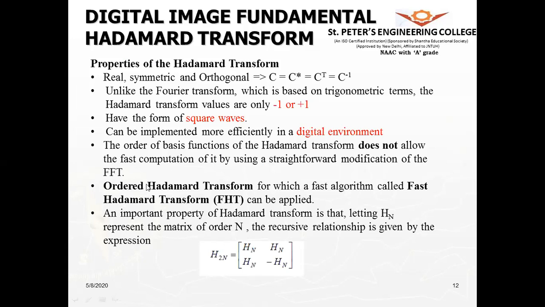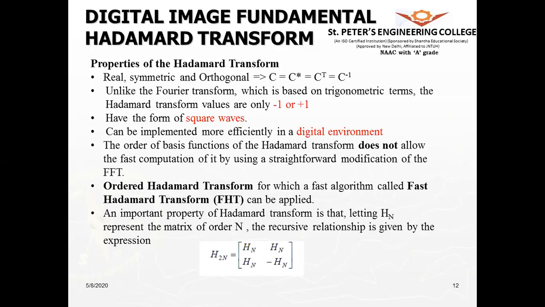Once you reorder it so that it is in ascending order, then you can use the fast algorithm for computation of the fast Hadamard transform.